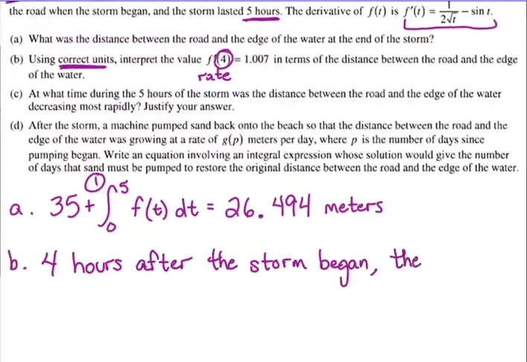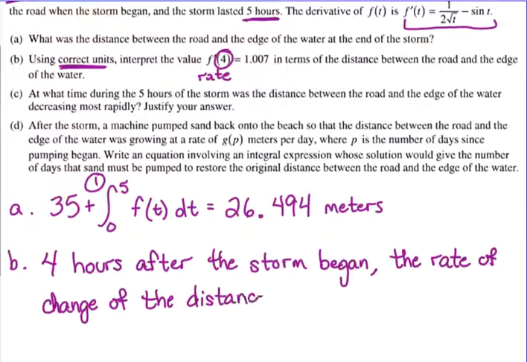The rate of change of the distance, what are we talking about? F of t is the distance between the road and the edge of the water.